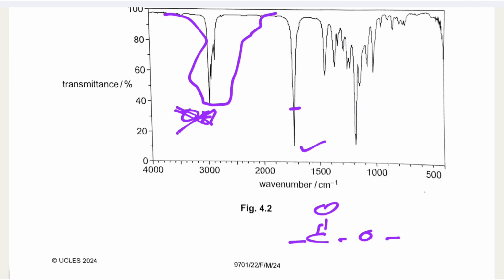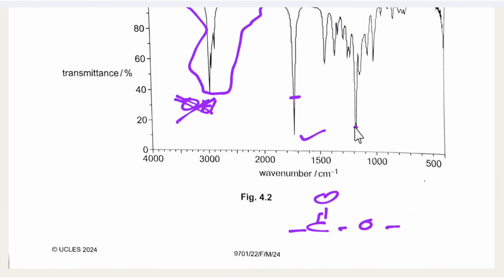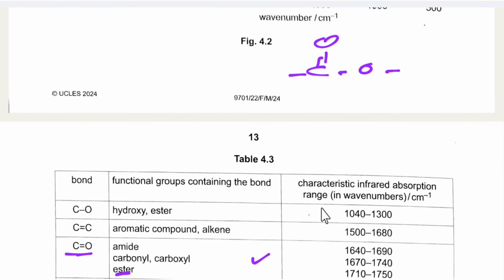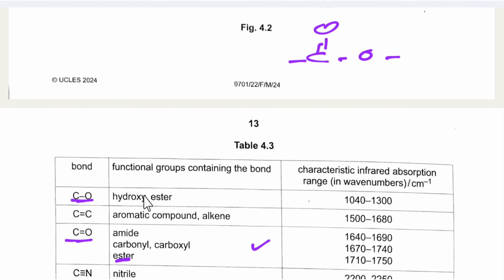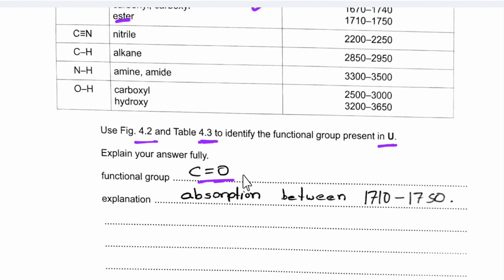Also we can see that there is a peak between 1100 and 1300, that is the C-O group, 1040 to 1300. So the C=O group is present, that is C double bond O, and C single bond O is present. So it must be an ester.